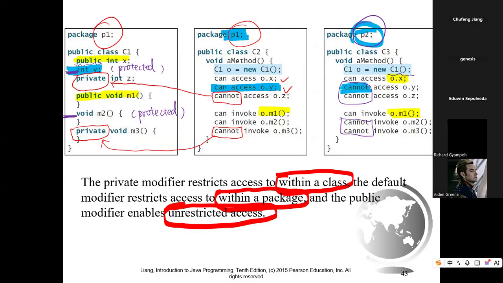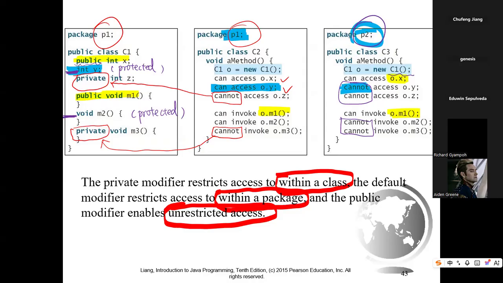It's fine, no problem. We can access it because it is a public attribute. So no matter whether we are in the same class or the same package, it's fine. We can access public things from anywhere and everywhere.